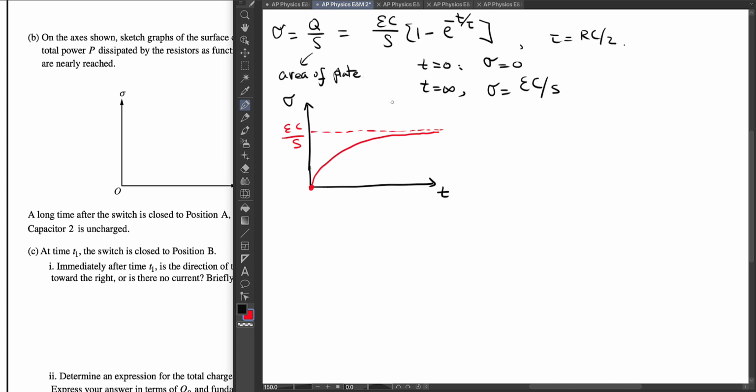So you should draw a curve that looks like that. Also in my solution in the app, I write down the value at tau. When t equals tau, this value here is 0.63 of the maximum value. That's a special point. When t equals tau, you get e to the negative 1, and then you can calculate that ratio, 0.63.